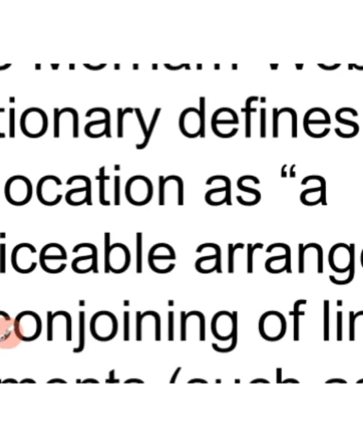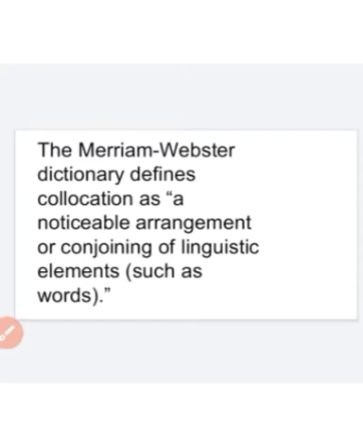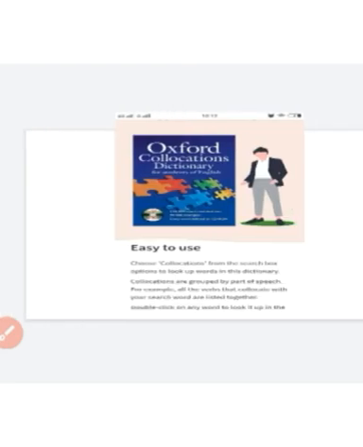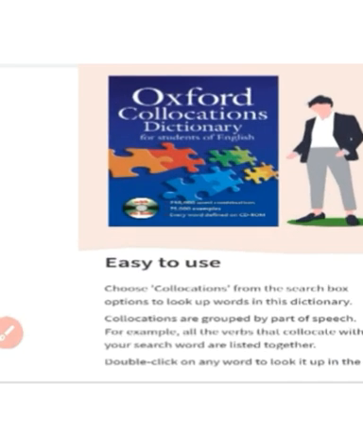Then the next one is the collocation dictionary. The Merriam-Webster dictionary defines collocation as a noticeable arrangement or conjoining of linguistic elements, such as words. Certain words come together. This is a photo of a collocation dictionary, the Oxford Collocations Dictionary for students of English.